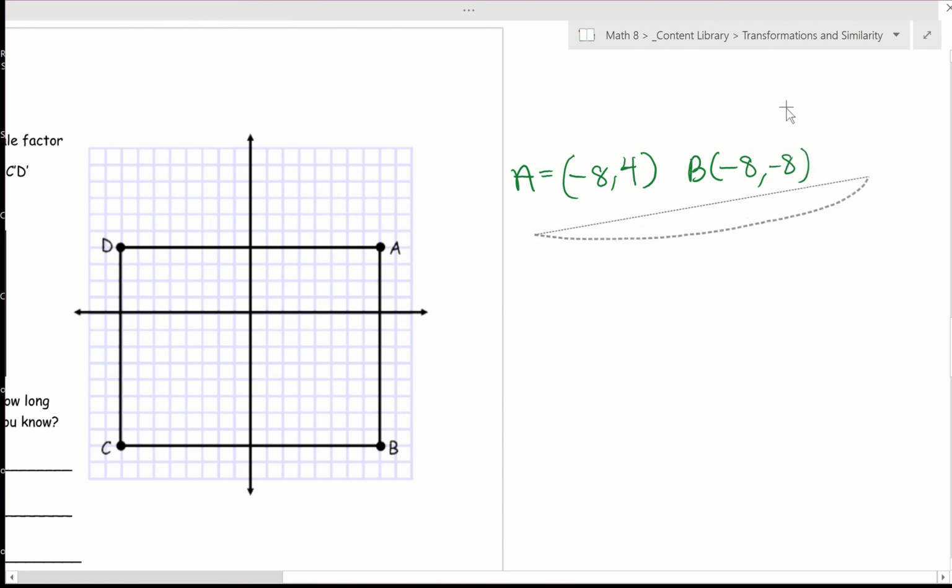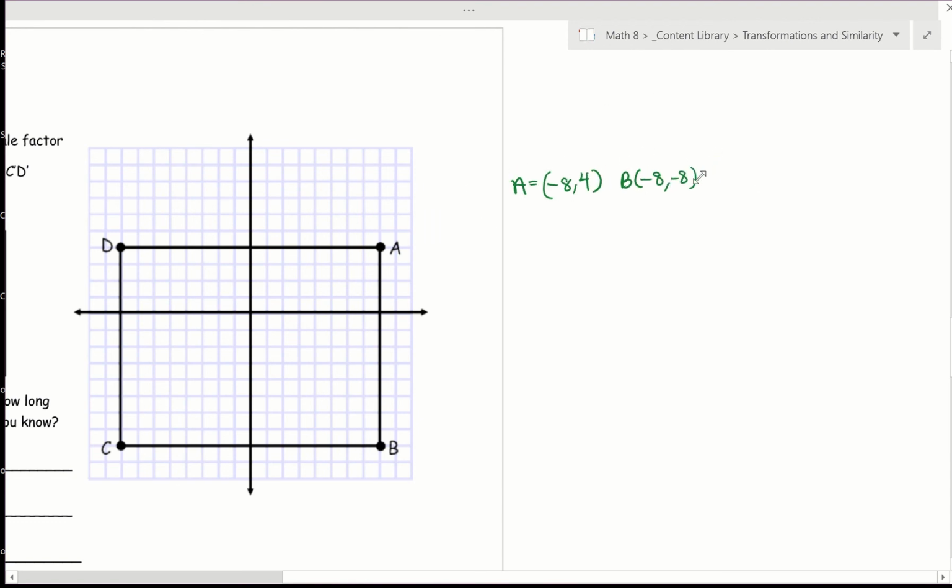I'm just going to move this over a little. My C is, oh, I'm sorry, I messed up. This should be +8. +8, I'm in the positive direction. My C is 8, -8. And my D is 8, 4.